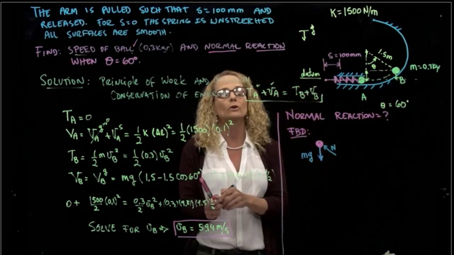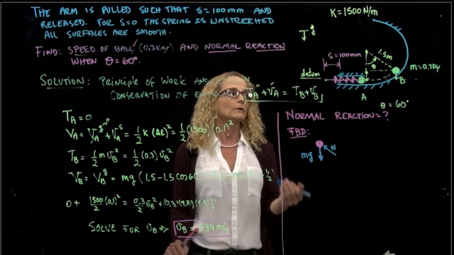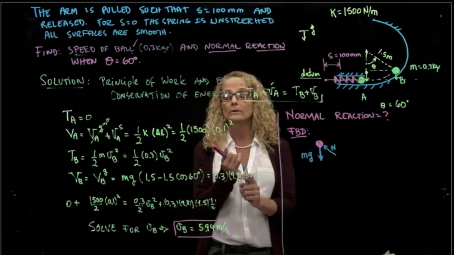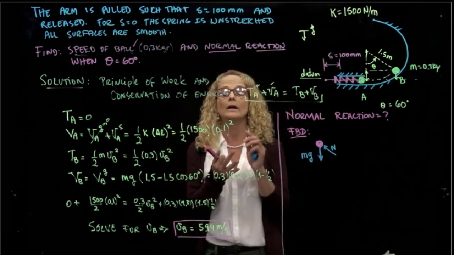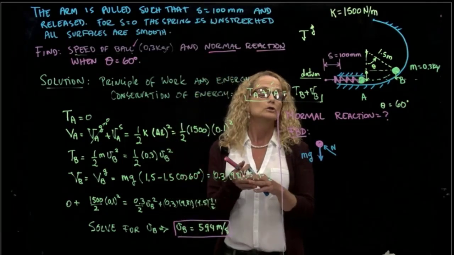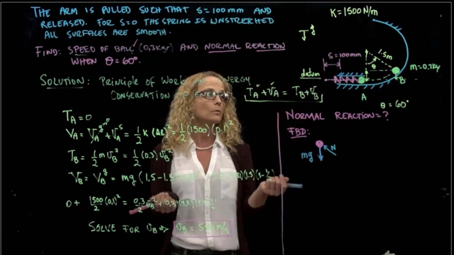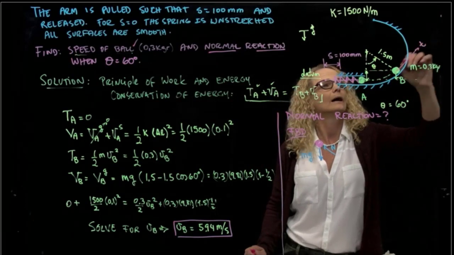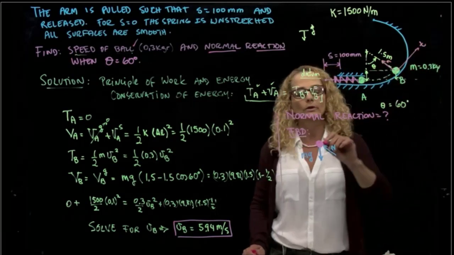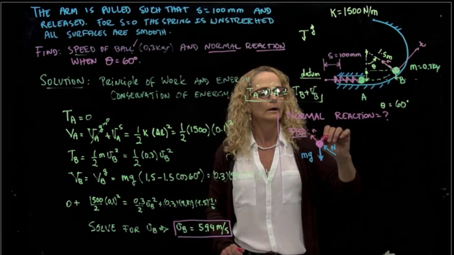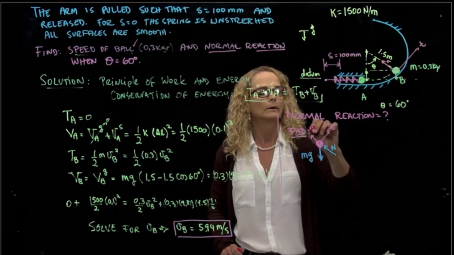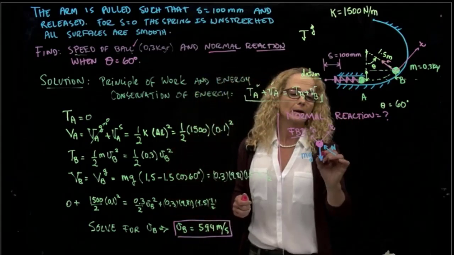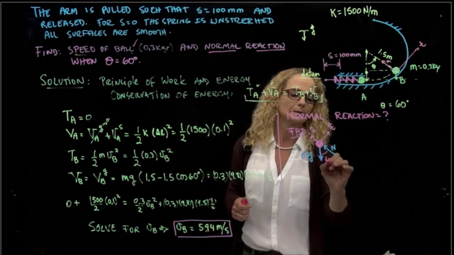We have to decide which coordinates we want to use. As you remember from chapter 12, we have different possibilities: cylindrical coordinates, normal and tangent, and Cartesian coordinates. Which one will be the best option here? Definitely, the motion is tangent and normal, so I'm going to use normal and tangent components to describe my equation, where this angle right here is 60 degrees.